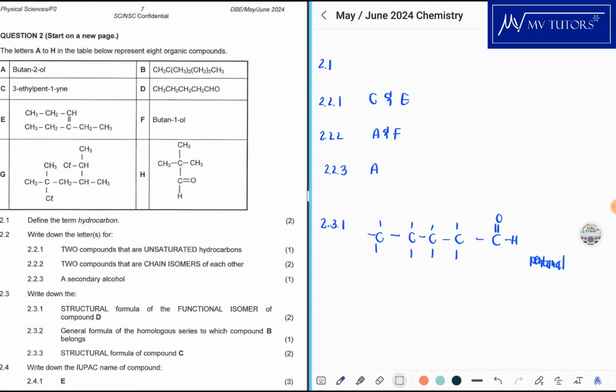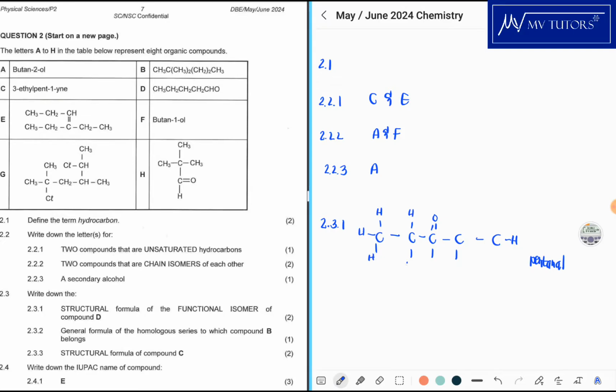For it to be a ketone, you can put a double bond there, or there. I like it in the middle, so that's where I'm going to put it. It goes from pentanol to pentanone, right? Pent-3-one.